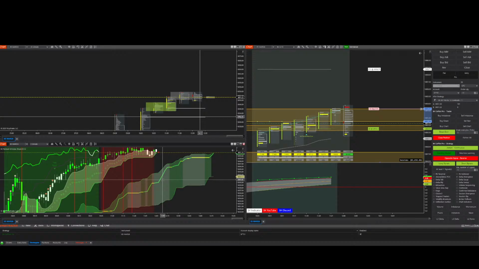Let me zoom in on that a little bit and get it fine-tuned a little bit more. Why is it not letting me select? There we go. Get out of there.